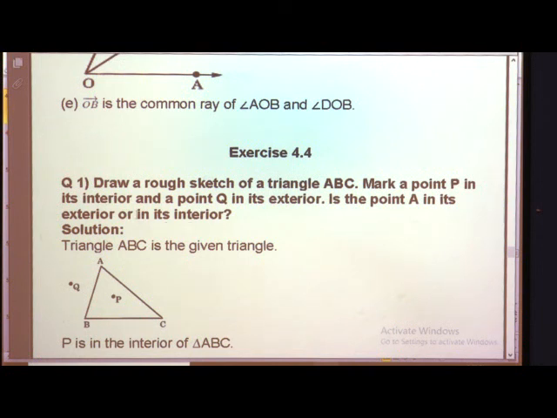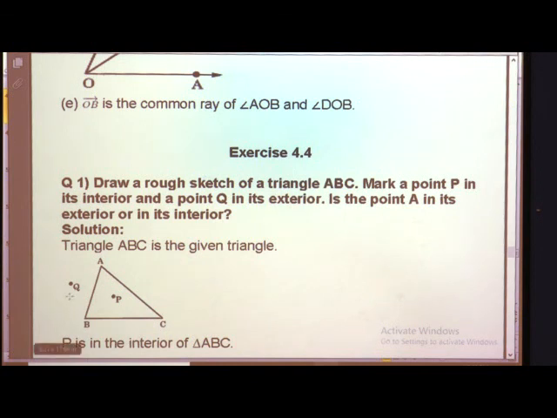Now, we have to draw a rough sketch of a triangle ABC. So, this is the triangle ABC. We name this triangle as triangle ABC. Now, we have to mark a point P in the interior.